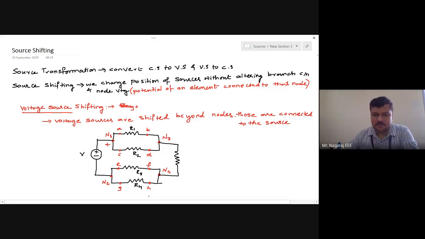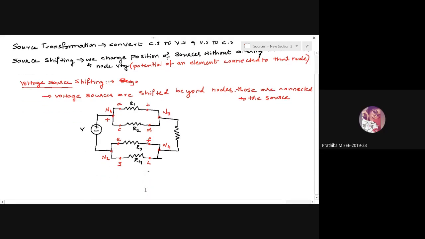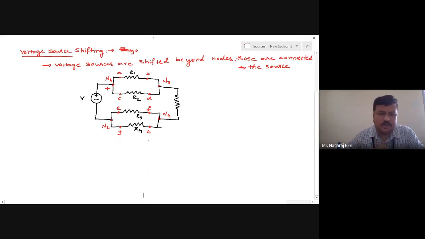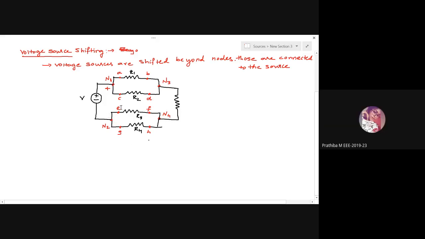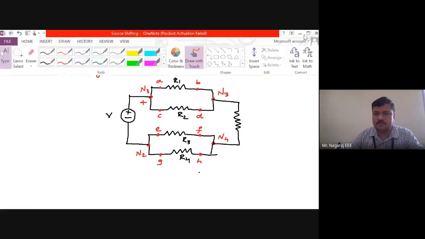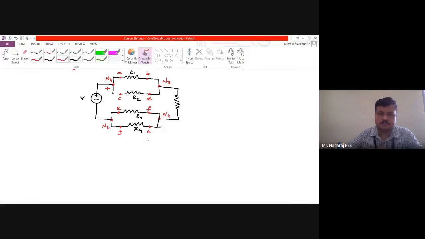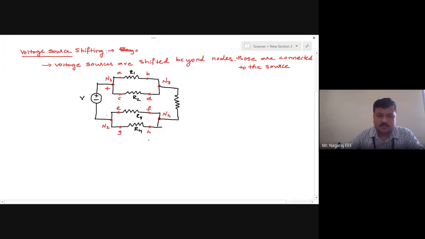Yes, sir. And what about the potential of N2? Negative. So the potential of N1 is positive, and the potential of N2 is negative.